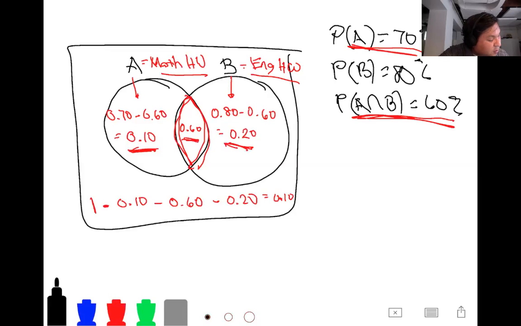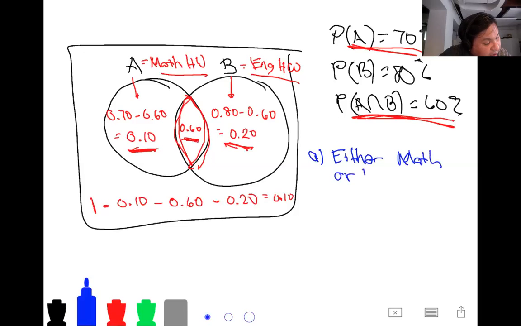The first question was, sorry, the first question was either math or English or both. In this case, that is simply the sum of these three, which is 90%.